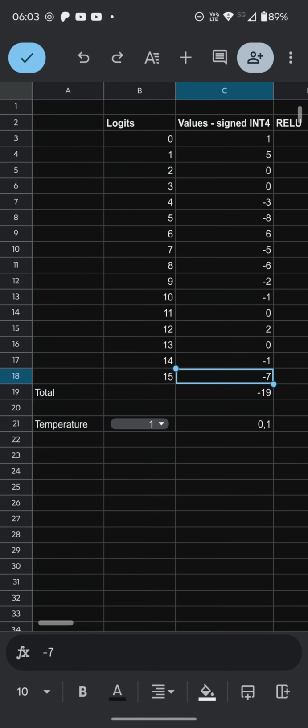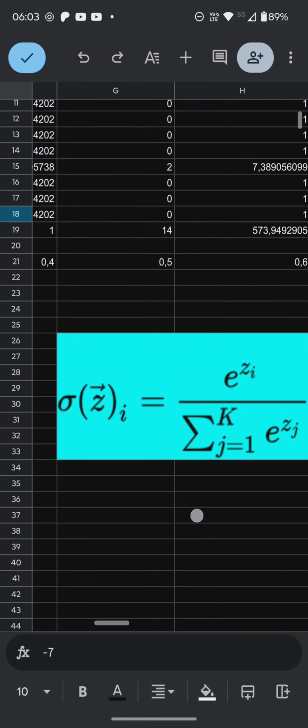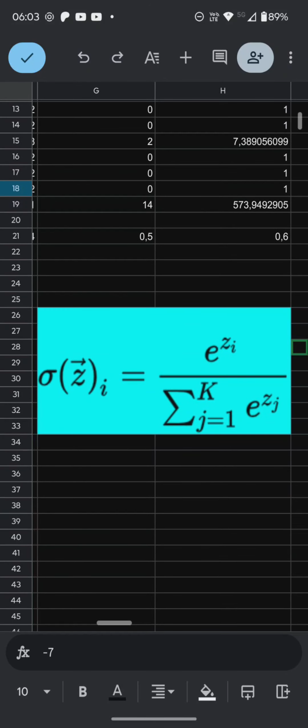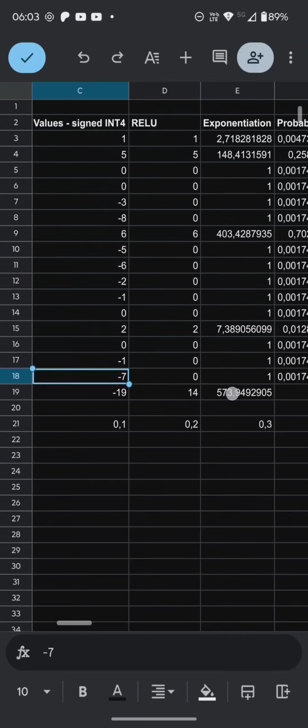Okay, this video is going to be a bit messier than usual, but I wanted to explain something that scares a lot of people, and this is the softmax function. It's actually very simple.